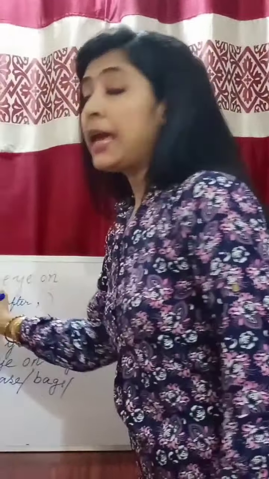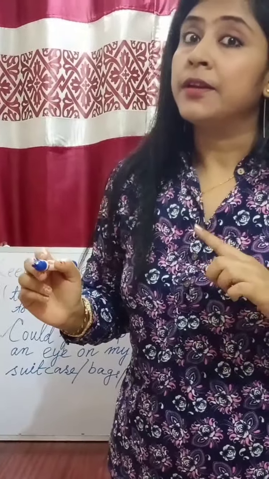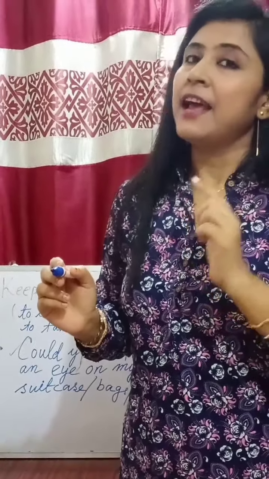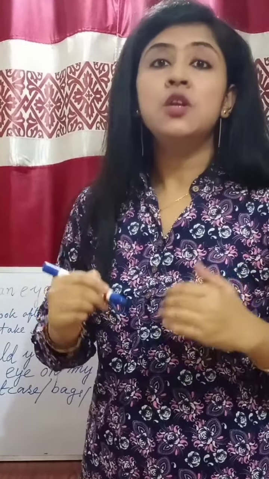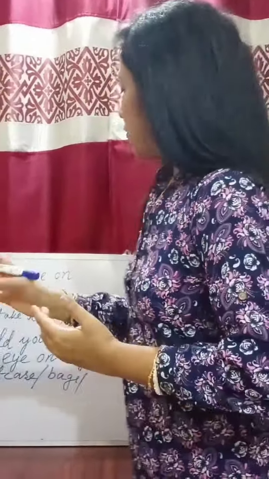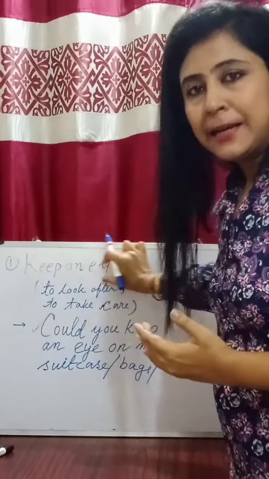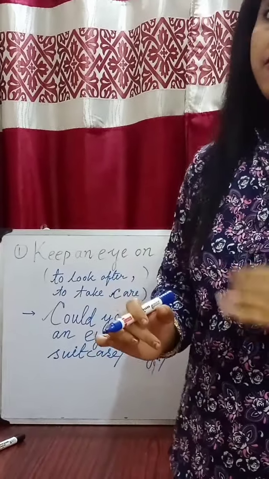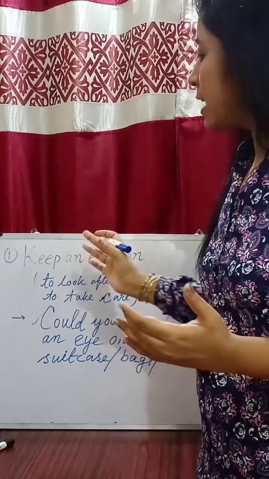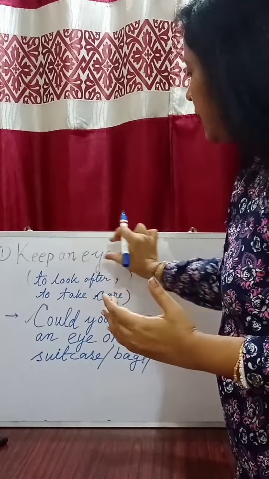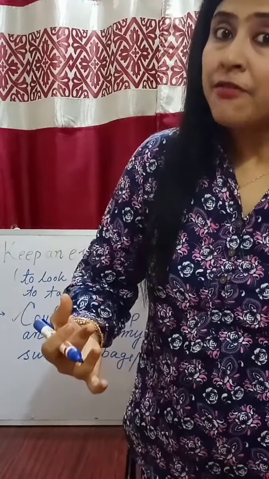So our first idiom is "keep an eye on". Keep an eye on means to look after or to take care. If we construct the idiom in a sentence, it will be easier for you to recognize and relate it to your everyday life.